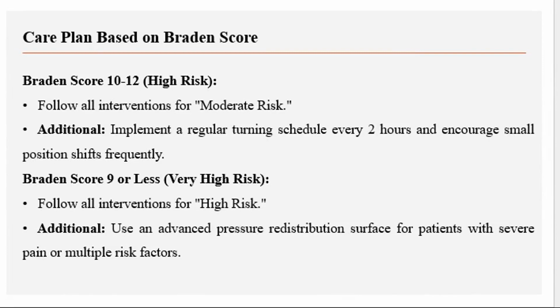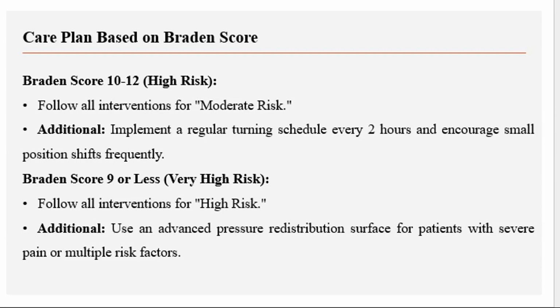If the patient gets a score of 10 to 12, the patient has high risk. Follow all the interventions for moderate risk, and in addition, implement a regular turning schedule every 2 hours and encourage small positioning shifts frequently. If the BRADEN scale is 9 or less, it is a very high risk.